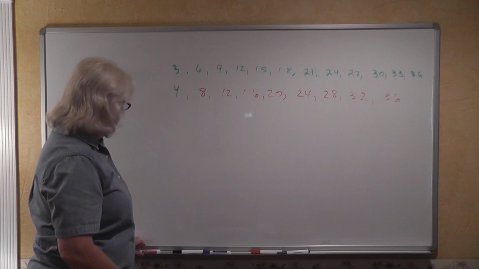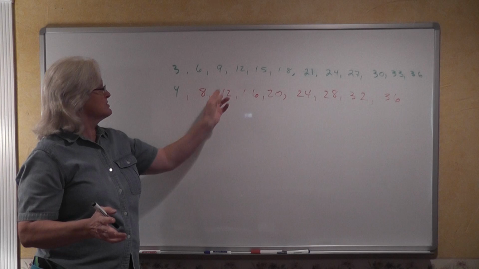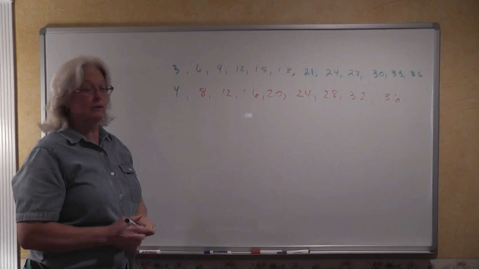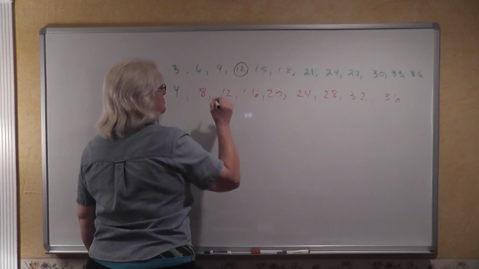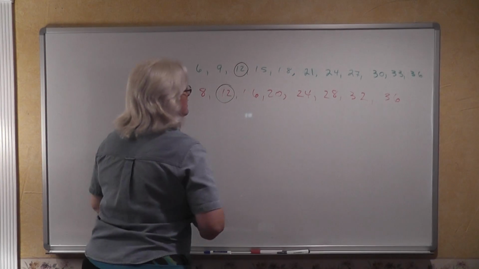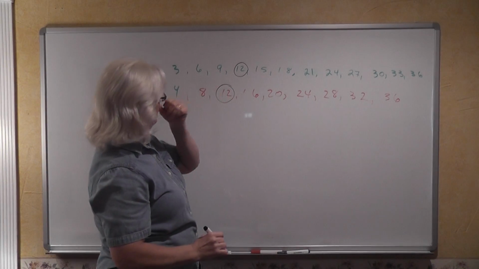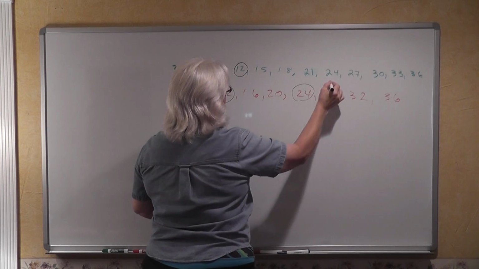Now, let's look at what we have here, and let's circle the numbers that show up in our list of multiples of 3 and our list of multiples of 4. Well, we have a 12. See what else? 12, 24.